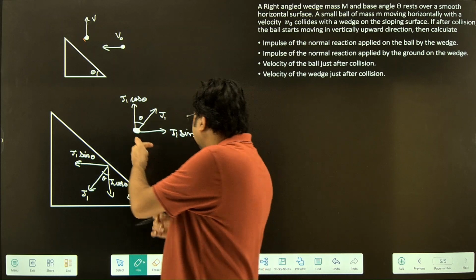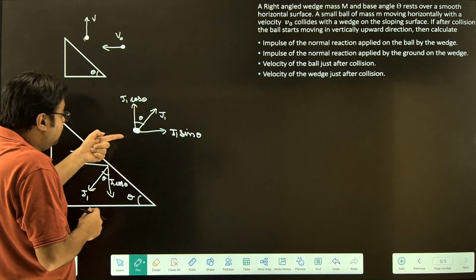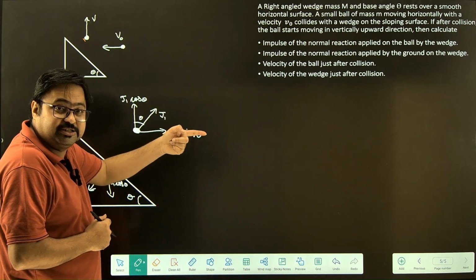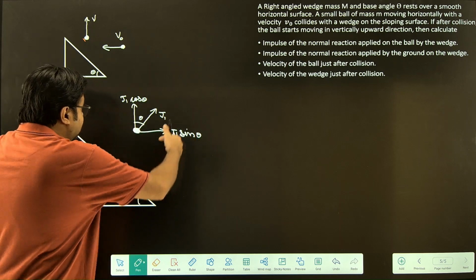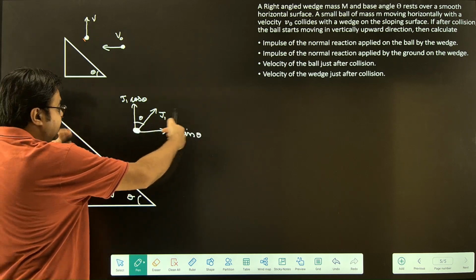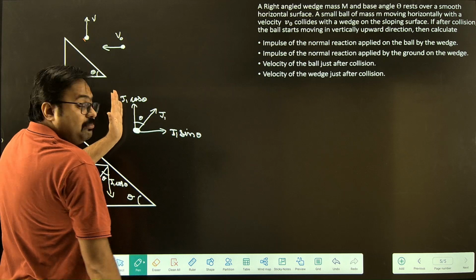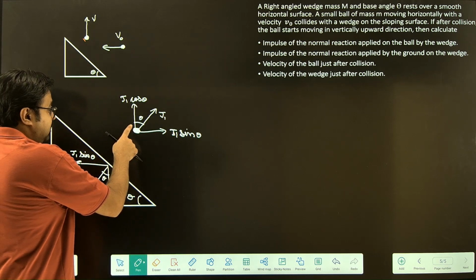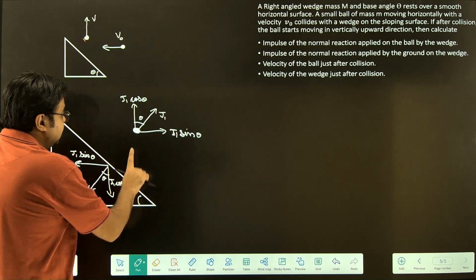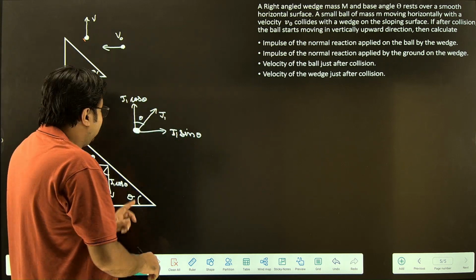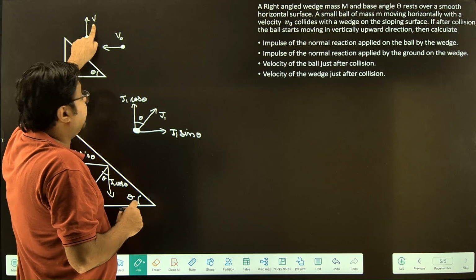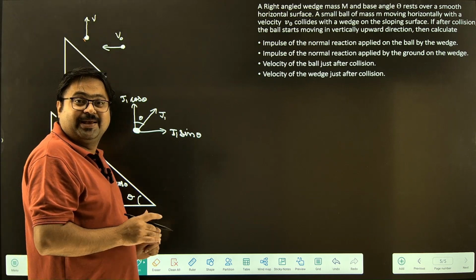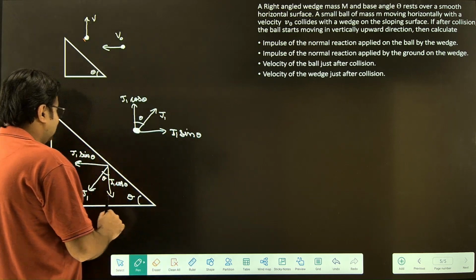That means the horizontal component of the impulse given by the wedge was exactly equal to the momentum of the ball in that direction, and they cancelled out and the ball stopped moving along the x direction. But then the wedge's normal reaction gave it an upward impulse as well, because of which the ball started moving in the upward direction. And that's how this question is to be understood.